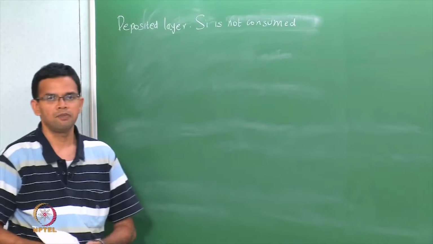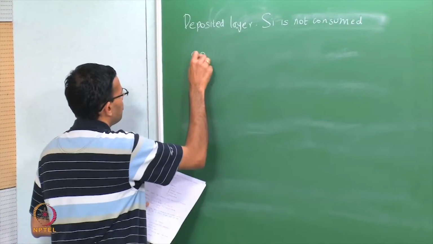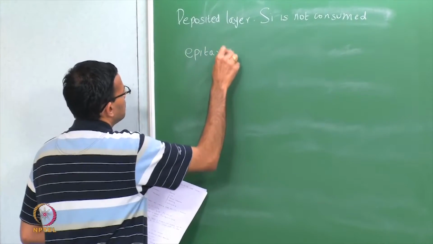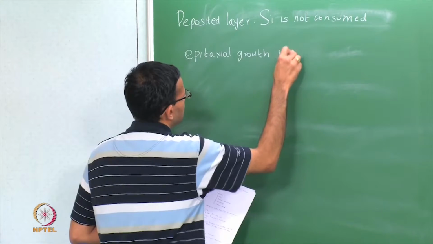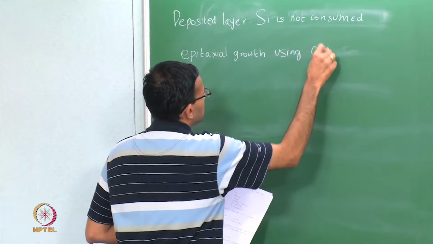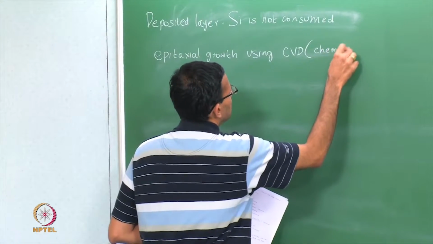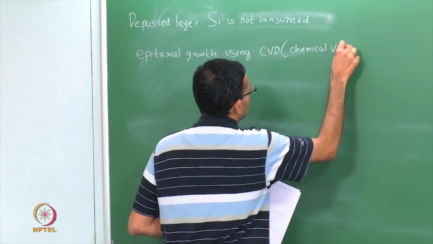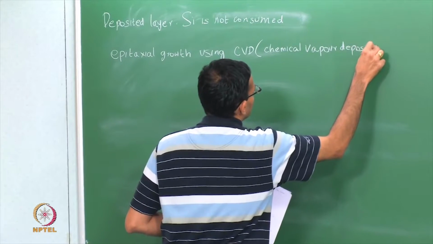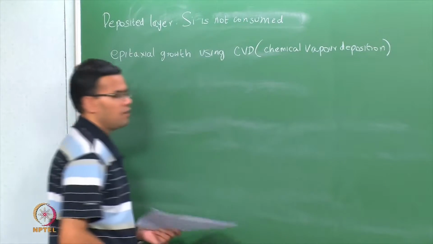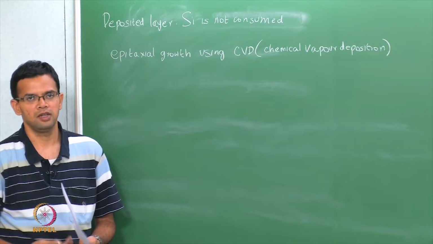So, we saw some examples of processes. One common example is an epitaxial growth process using chemical vapor deposition, so CVD. CVD stands for chemical vapor deposition. In the case of an epitaxial process, you are growing a new layer having the same orientation as that of the substrate.